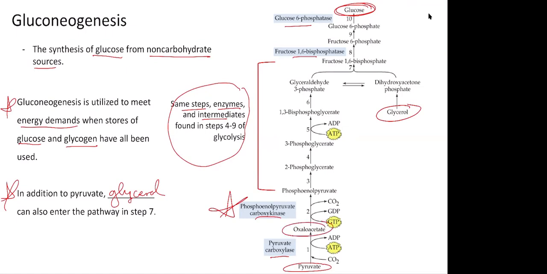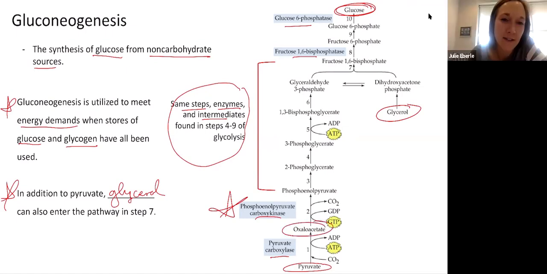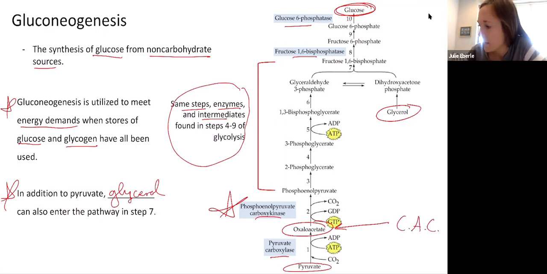Oxaloacetate. Remember why we called some amino acids ketogenic and glucogenic? Because we said they ultimately make oxaloacetate, and that can feed from the citric acid cycle. That's the last product of the citric acid cycle. And that can feed directly into gluconeogenesis.